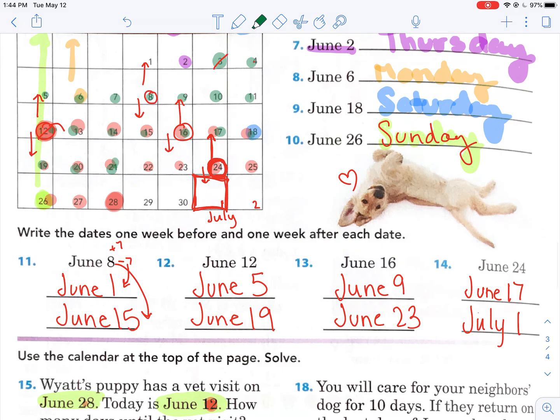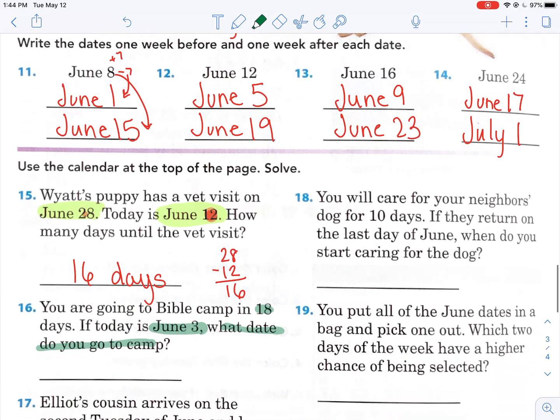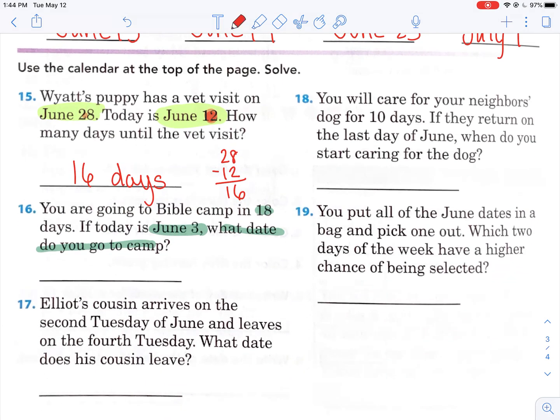And so what is that day? The 21st. That is June 21st. Now, if we're staying in the same month, I could do this. 18 plus 3. And I would get 21. June 21st.